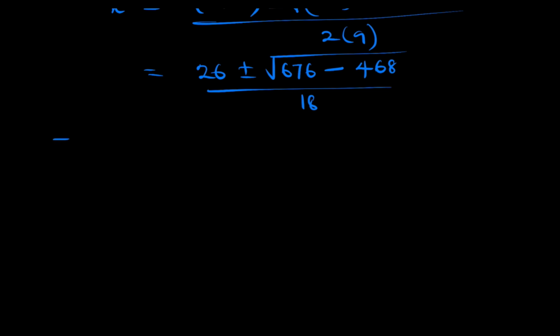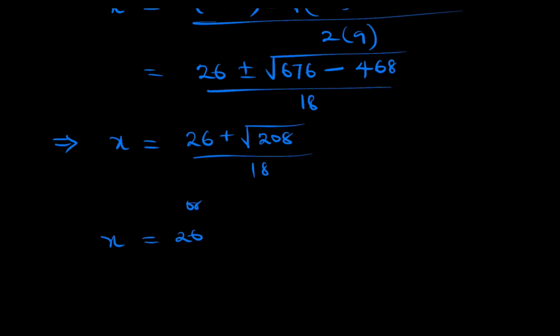So the solutions are x is equal to 26 plus the square root of 676 minus 468 is 208 over 18, or x is equal to 26 minus the square root of 208 divided by 18.